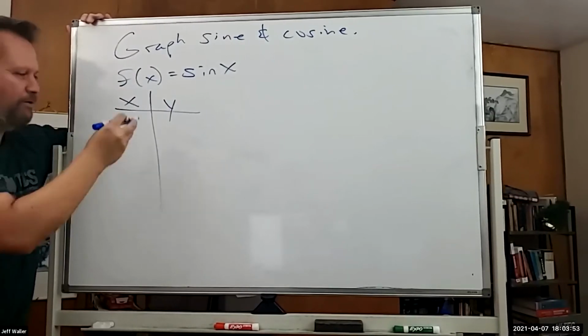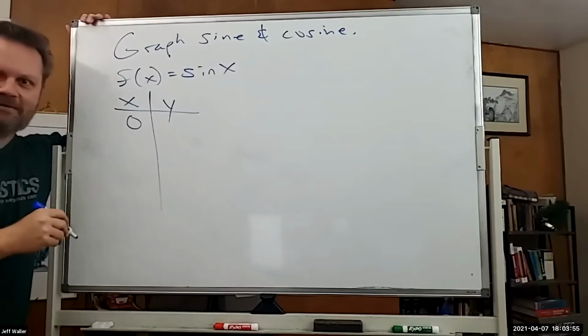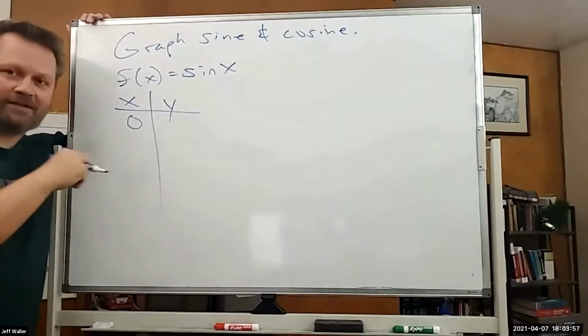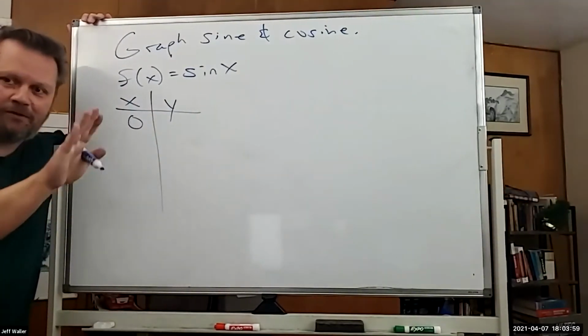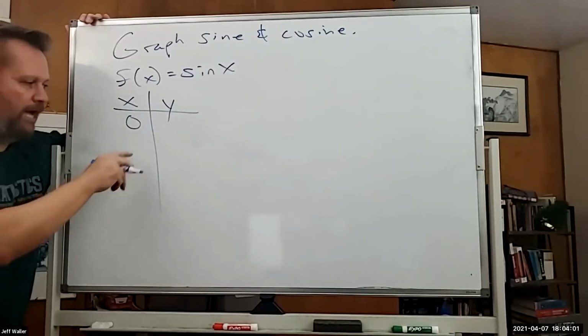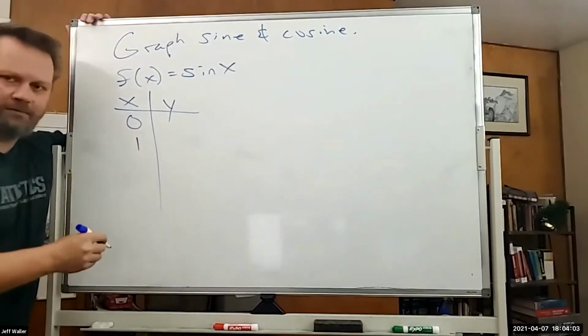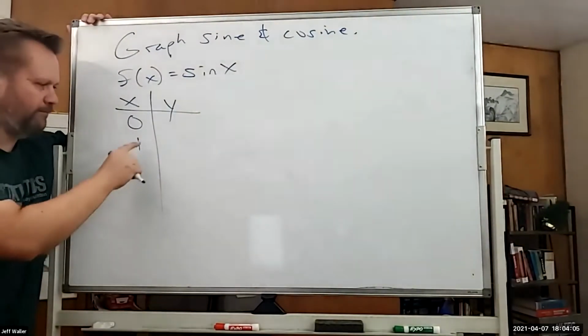0. 0, sure. I love it. There were other answers I would accept there, but we'll start with 0. 0 is a perfectly good starting place. Now, how should I put 1 here?